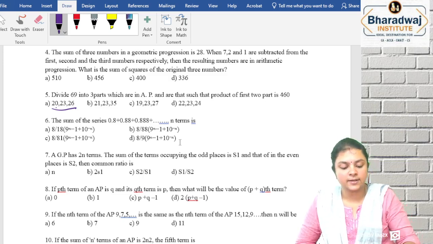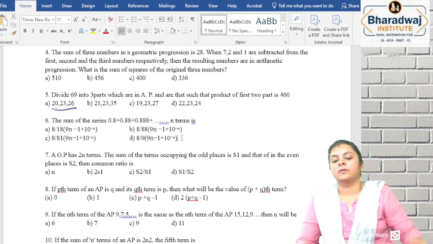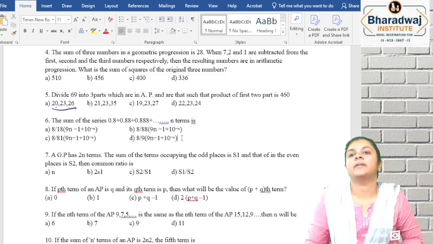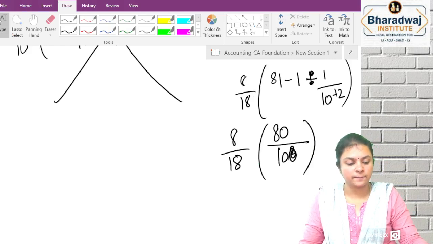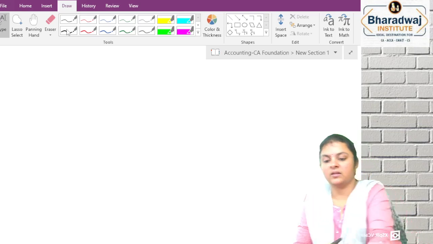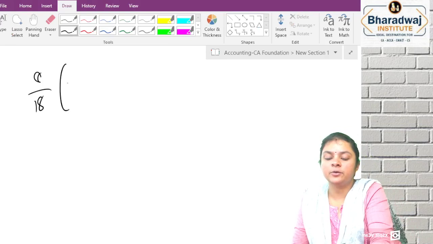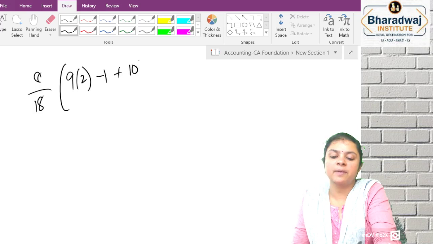Solve and give me the answer. So you need to get 1.68 as the total. Now let's check the options again. Option A, 8 by 18 into 9n. So 9 into 2 minus 1 plus 10 power minus 2.